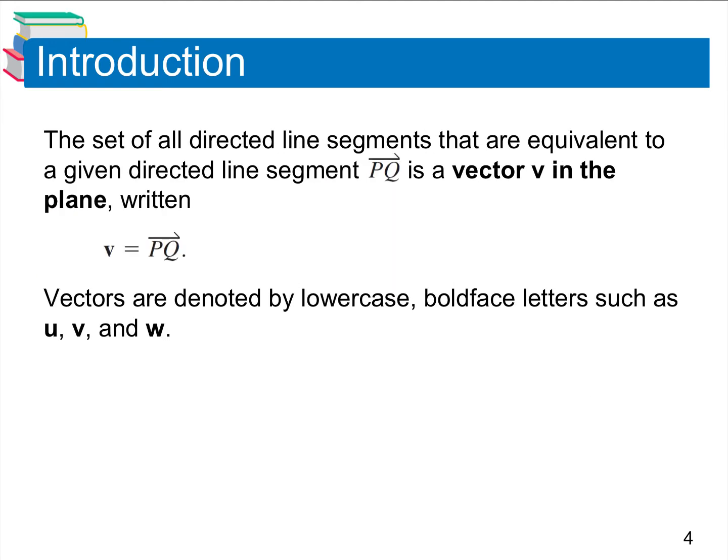Vectors are denoted by lowercase boldface letters such as u, v, and w. So these are common variables, I guess you can say, common letters that we use for vectors. So you'll see u, v, and w, and it's always the bold one. Bold means that it's a vector. And then vectors are also written with these little arrows, like this.